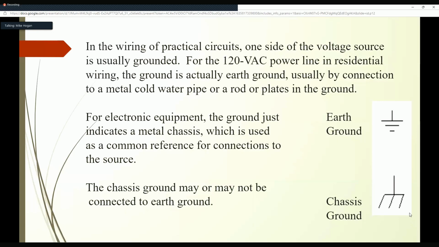Sometimes it may not be connected to earth, it may be a reference point, especially with equipment that is double insulated, plastic, where the chassis ground is just a reference point. When we talk about ground, typically we're thinking about safety purposes or reference points.